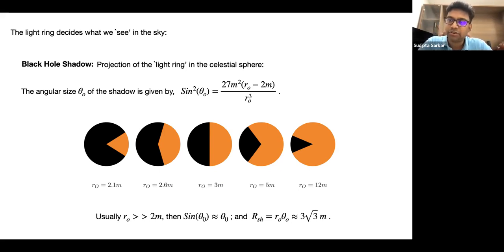This is done using celestial coordinates. So basically you think of yourself at infinite distance, and there are some coordinates on a two-dimensional sky, alpha and beta. And the locus of the light ring as you see it in terms of the celestial coordinates, that you define as your shadow. That's the definition of the shadow.